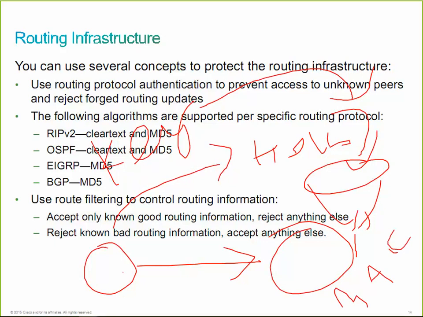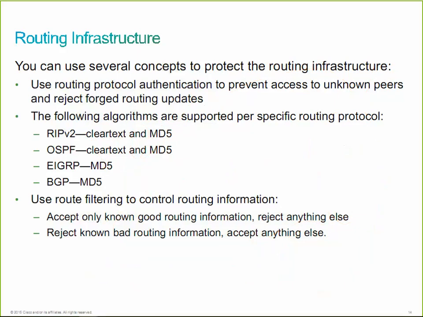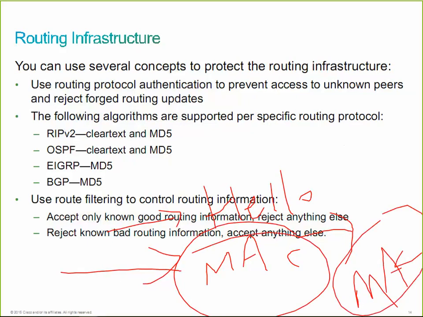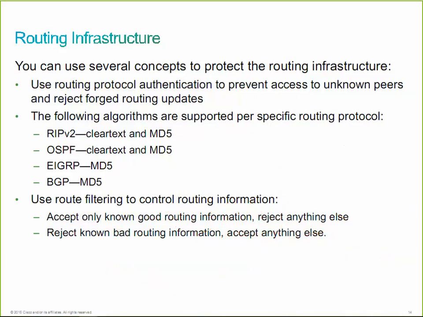That MAC gets sent along with the hello message or the routing update in plain text, and the router that receives that information on the other side goes through the exact same process, takes the hello, takes the secret key, puts it through the hashing process, and if the MAC that was sent matches the MAC that was calculated on the receiving side, we've done two things. We verified the integrity of the data, it hasn't been modified in transit, and we've also verified the authenticity of the source, because the source is the only one that knows the secret sauce, the key that goes into the process.